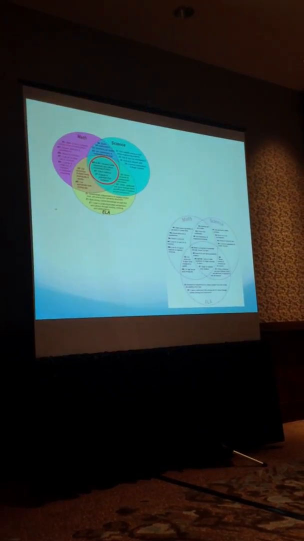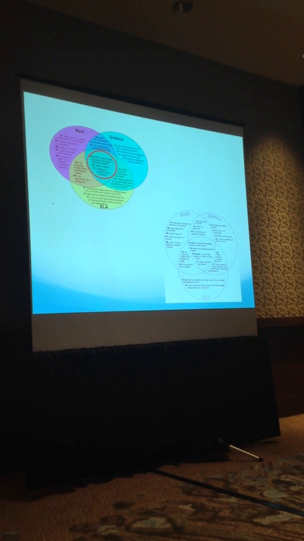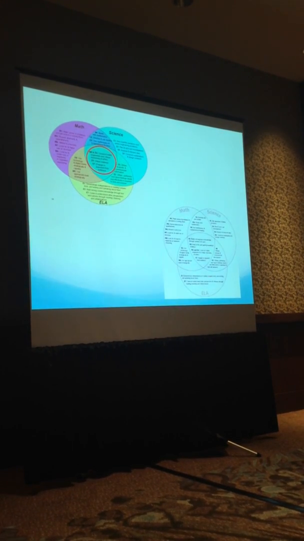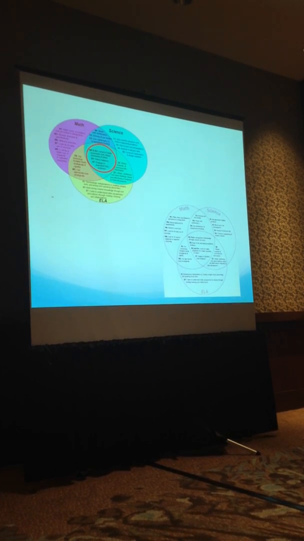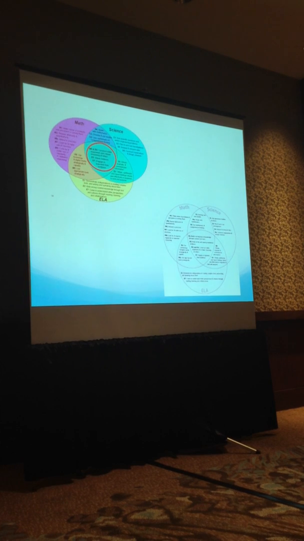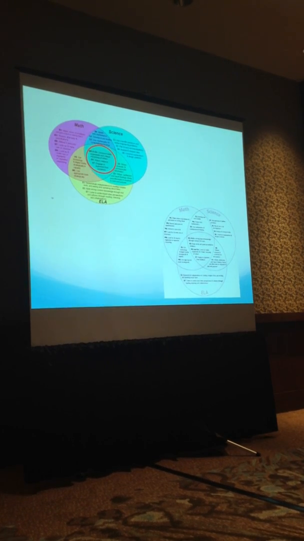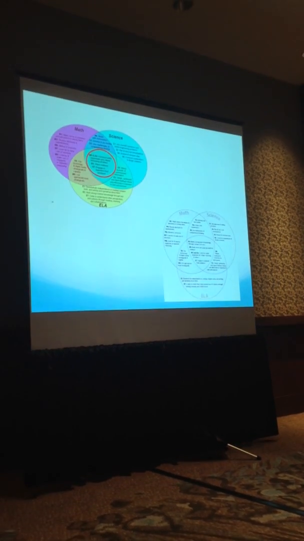So if we could go to the next one. These are online. If you Google NGSS and Common Core Venn diagram, these are what comes up. It's people who have looked at the practices. I think in English language arts they're called capacities. So the capacities in language, math practices, and science practices.